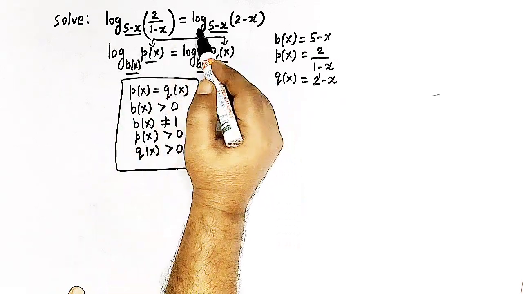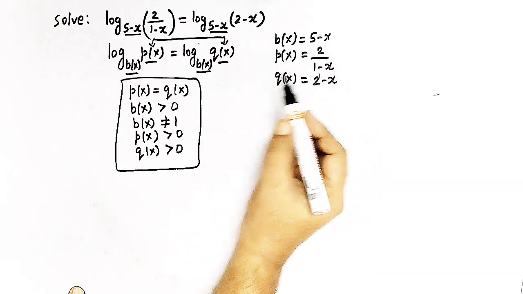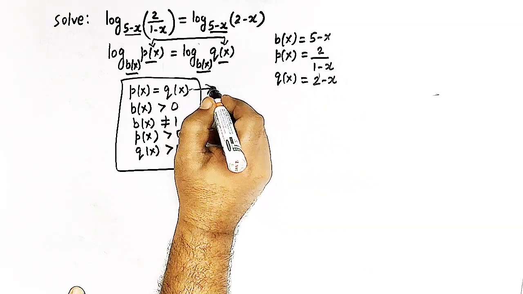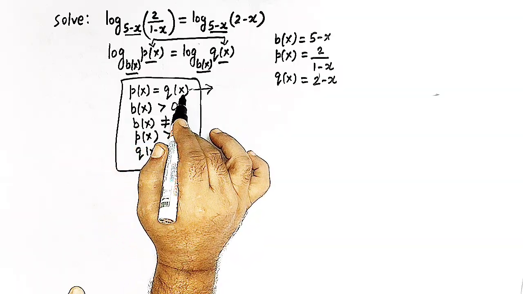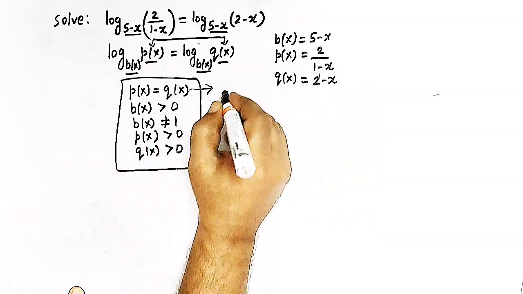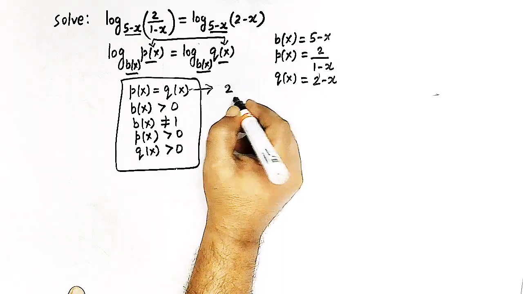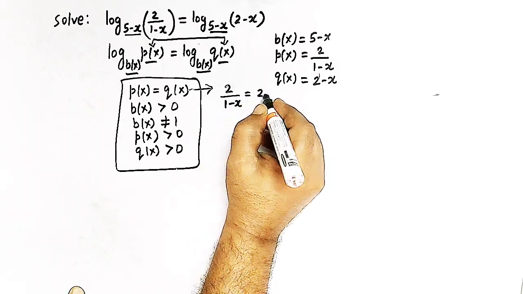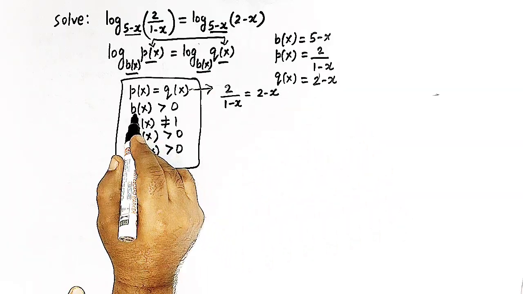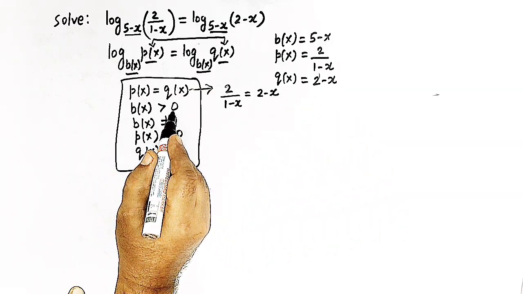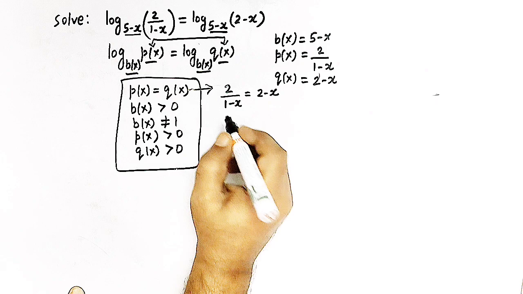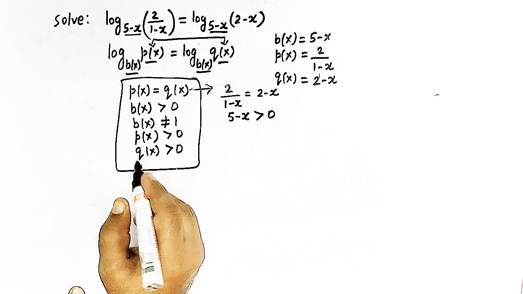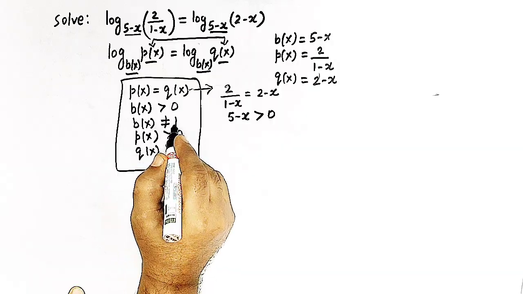So here, to get the solution of this equation, now let us start with this equation. So here we have p of x is equal to q of x. So we must have 2 over 1 minus x equal to 2 minus x, right? And here b of x is greater than 0. So this implies that 5 minus x should be greater than 0, and then b of x should not be equal to 1.